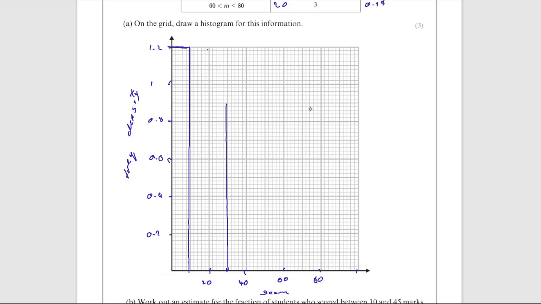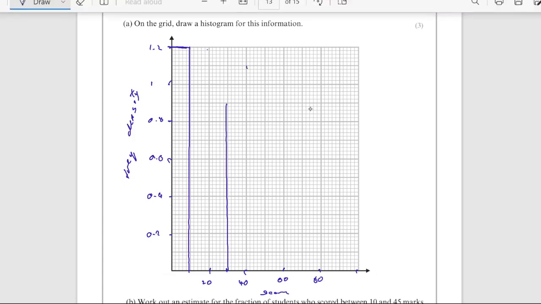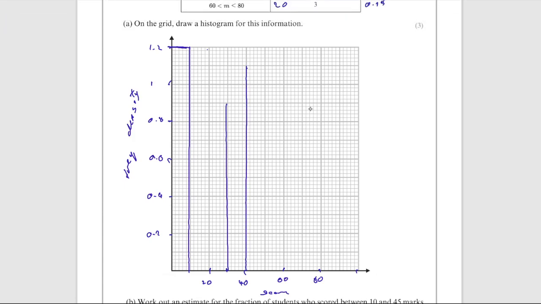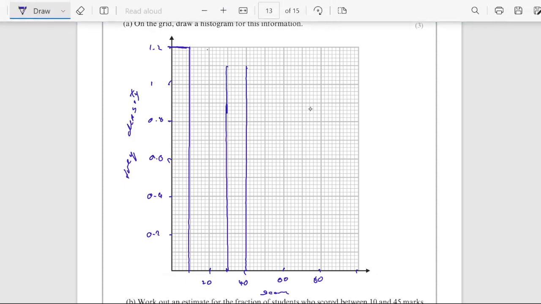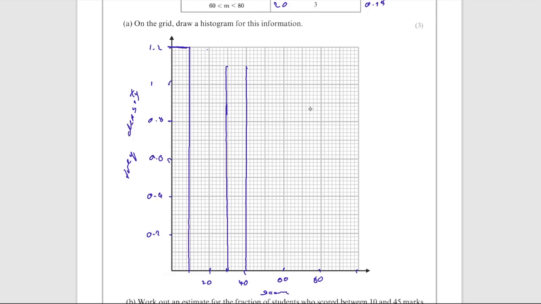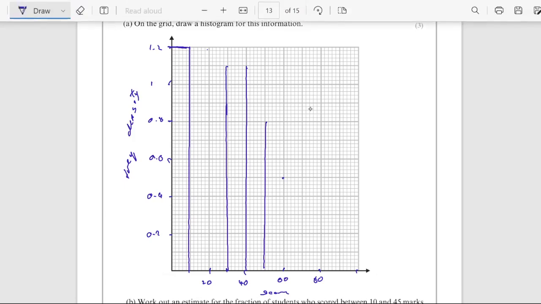I'm just going to put the lines in for now. Then I'm going 30 to 40, a height of 1.1. I've then got 40 to 50 going up to 0.8. So 40 to 50, 0.8. Then 50 to 60, 0.5. 50 to 60, 0.5, which is going to bring me there.